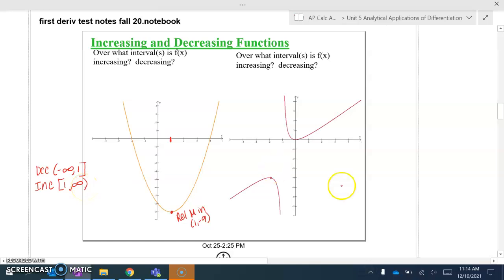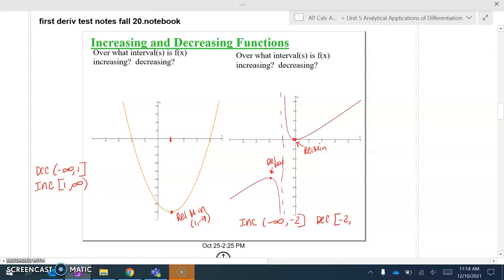Okay, on this guy, you have this relative max here, and I think it's at (0, 0). Let's make it at (0, 0) for ease of sake here. So you can see that this graph is increasing from -infinity to -2, but then it decreases from that -2 to, it looks like we have a VA here at -1.